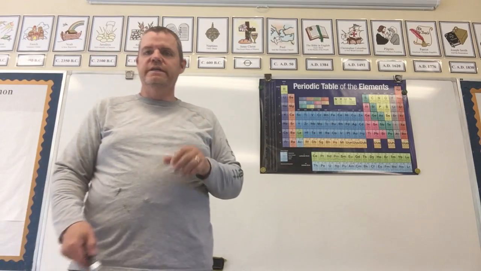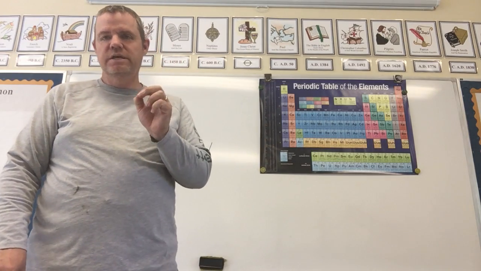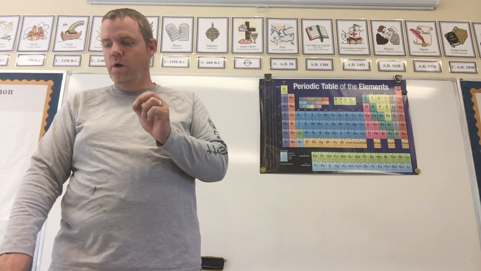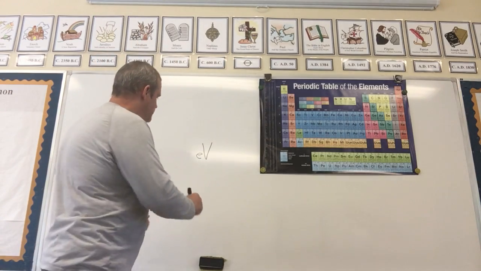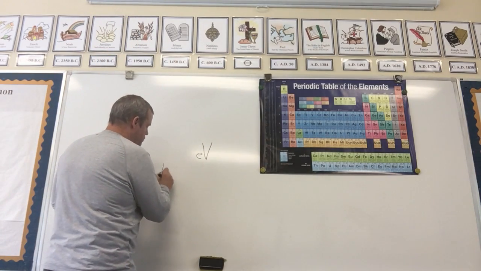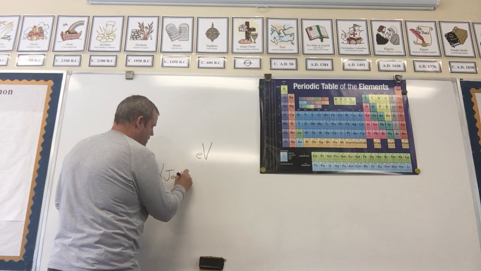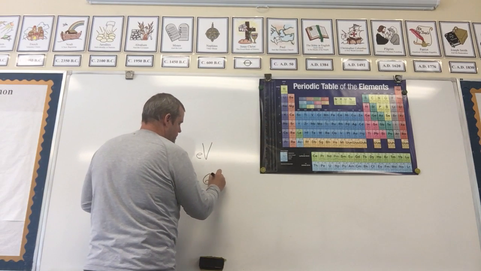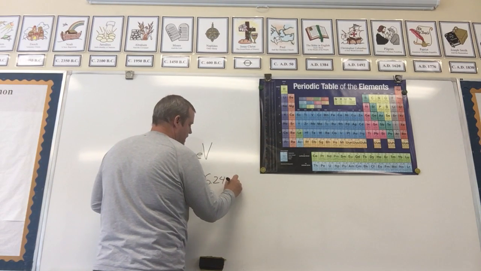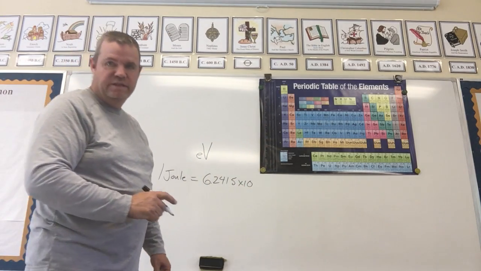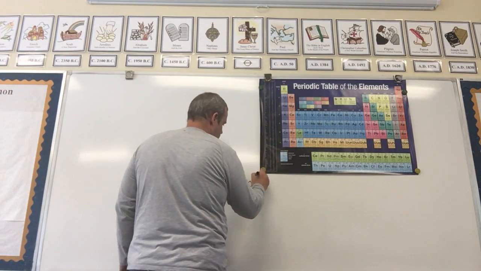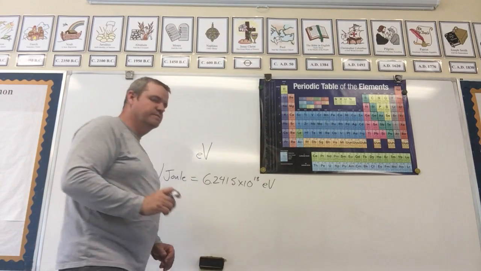1 joule is equal to 6.2415 times 10 to the 18th electron volts.